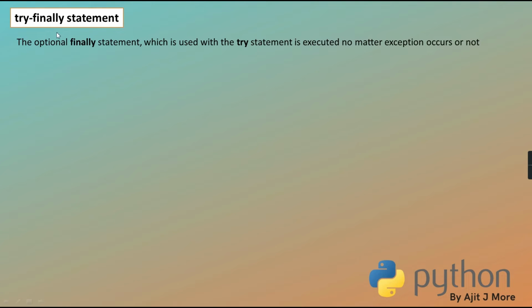See, the optional finally statement, which is used with the try statement, is executed no matter whether an exception occurs or not. So to your try block, at the end, if you want, you can attach finally. It's not mandatory that every try except has to have a finally block, and every try except has to have an else block.